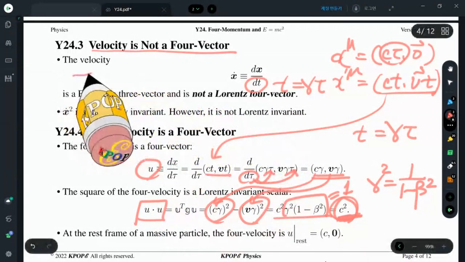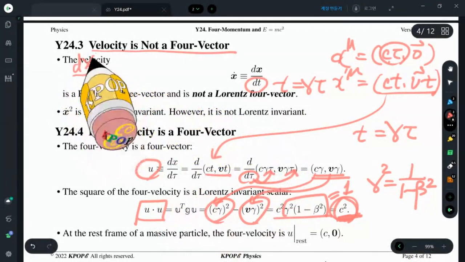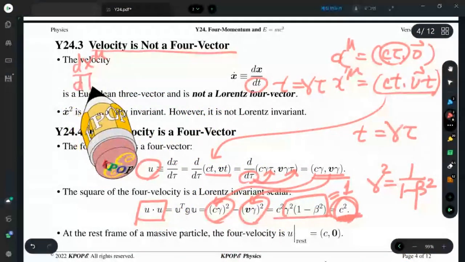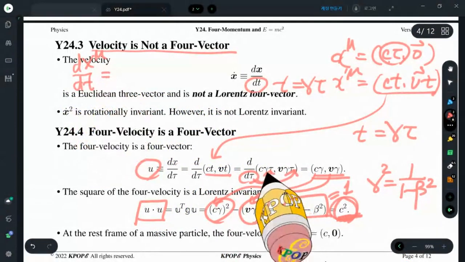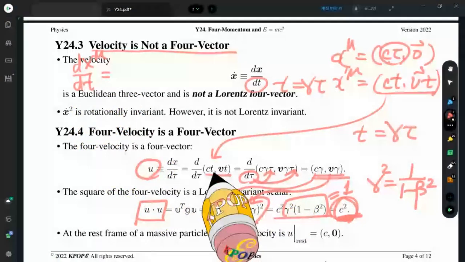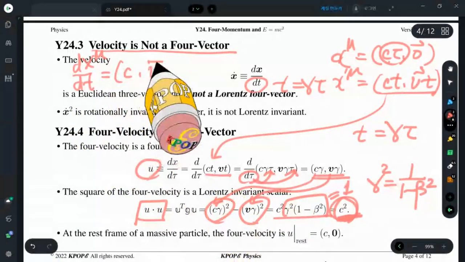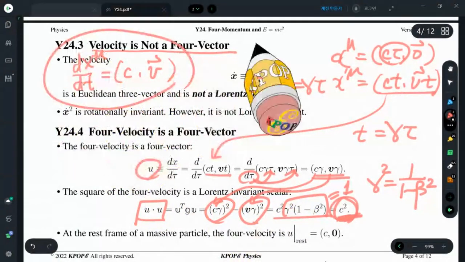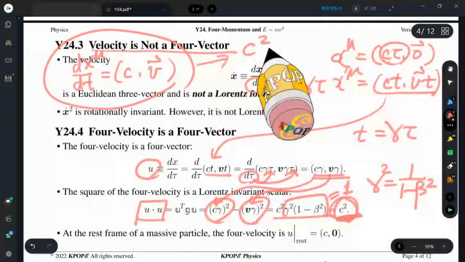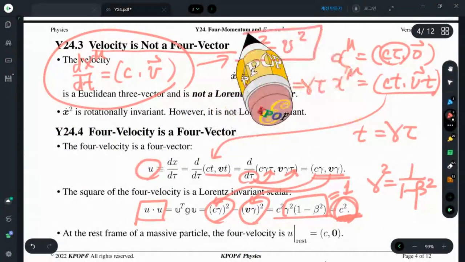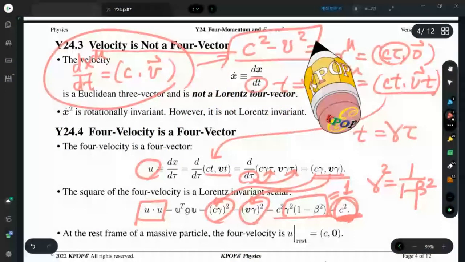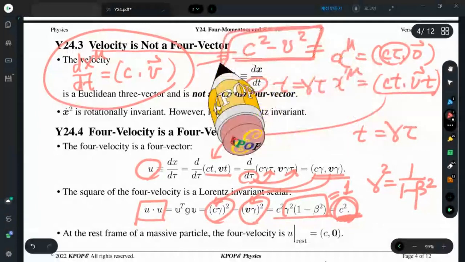For example, the time derivative of x mu is cv. And when you square this, c squared minus v squared, aha, this is not invariant. Why?